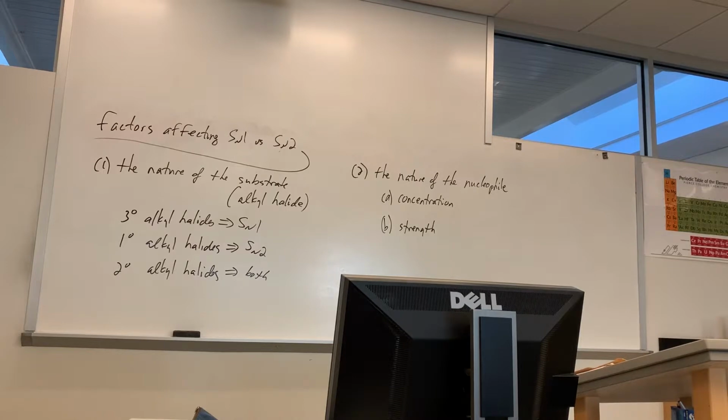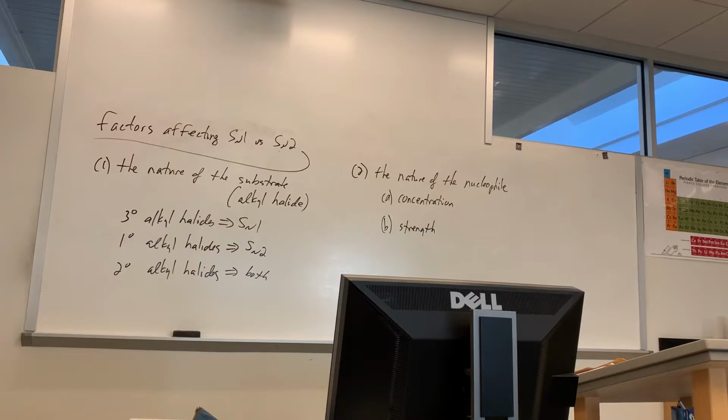How about concentration of the nucleophile? If we increase the concentration of the nucleophile, in what direction, towards SN1 or towards SN2, will we be pushing this reaction? We got a 50-50 shot there. How come?